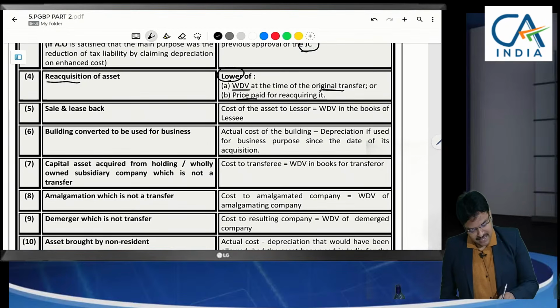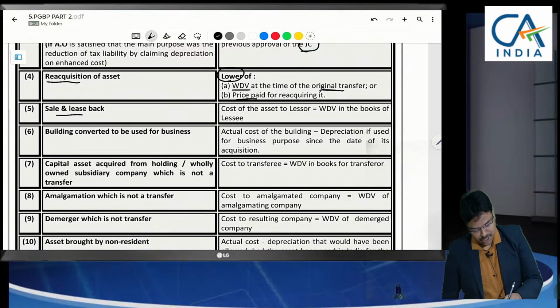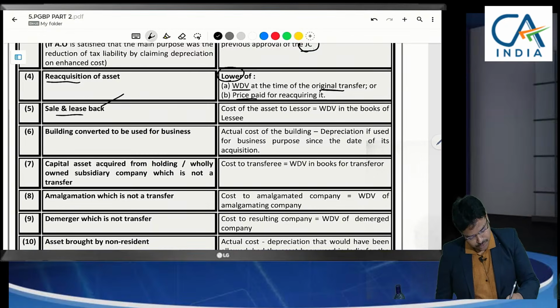Next one, sale and lease back. Now ownership is being transferred, sold, and again from that person only we have taken on lease. Now lease rent will be paid. Now in this case, who can claim depreciation? Let us assume A has sold to B, and again from B, A has taken on lease.